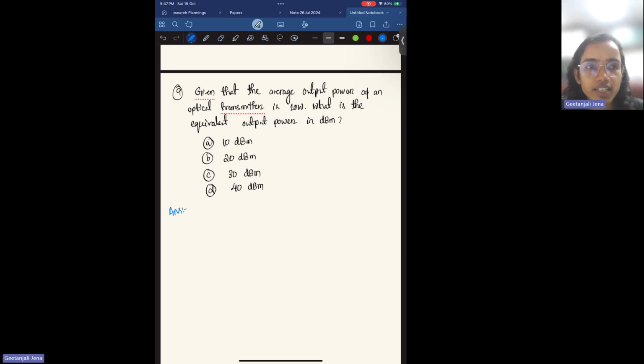So the question says, given that the average output power of an optical transmitter is 10 watt, what is the equivalent output power in dBm?